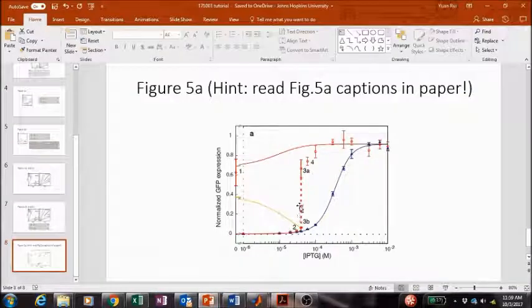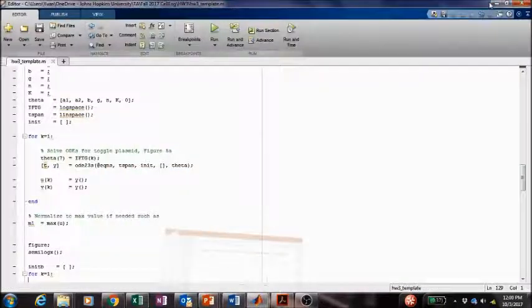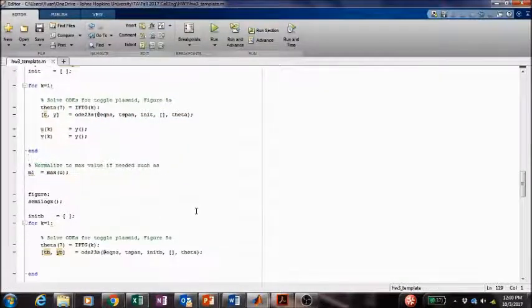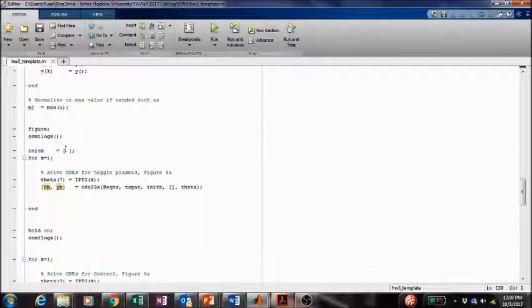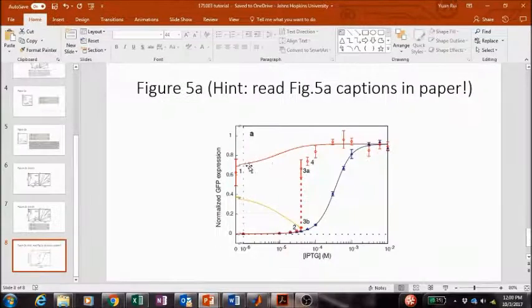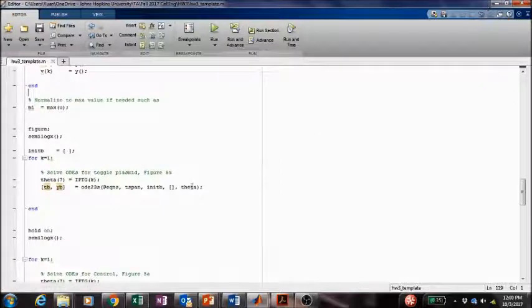You're going to get this line, the dotted line, that starts from the low state and goes to the high state. So then the only thing that you need to change for the second part is the starting initial conditions so that you start at the high state, and then you should be able to get this solid red curve. Okay, so play around with that a little bit, it shouldn't be too bad.